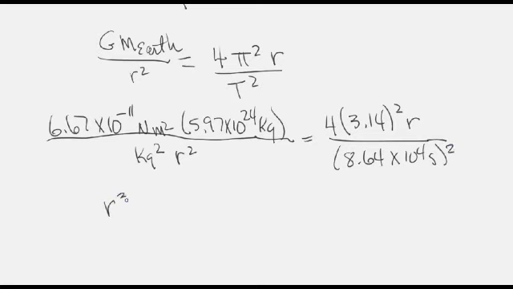Solving for r, we do the arithmetic. You see r times this r is r cubed. This comes to the numerator, these go into the denominator.